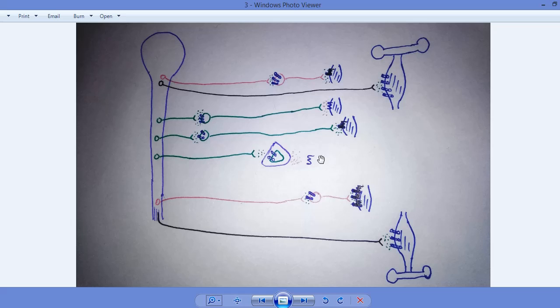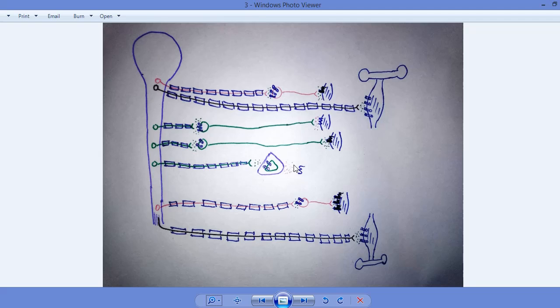So in the next slide, we can see that the preganglionic neuron of the sympathetic and parasympathetic nervous system is myelinated, while the postganglionic neuron of the sympathetic and parasympathetic nervous system is non-myelinated.